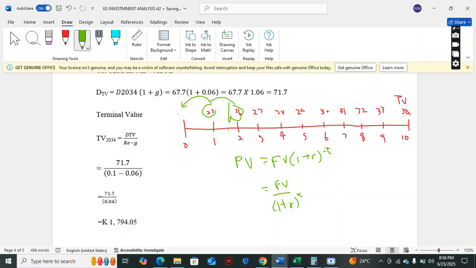So when I was saying those years, 2025 is 1 year from 2024, 2026 is 2 years from 2024. This power of negative t is going to be following these years here. That's what I was trying to illustrate. Okay, that power negative t is going to be following these timelines here.